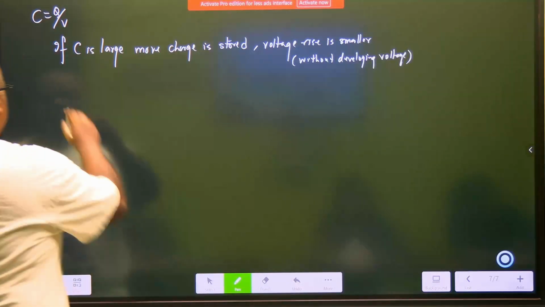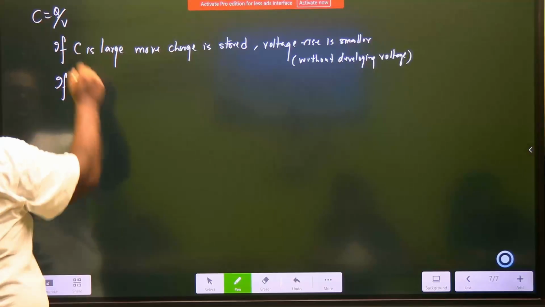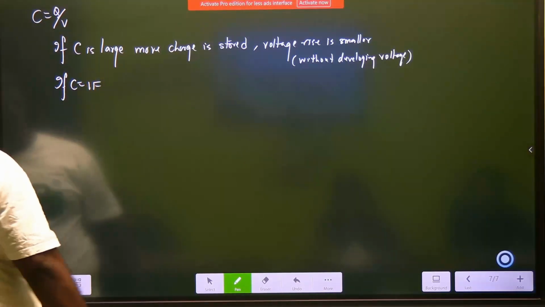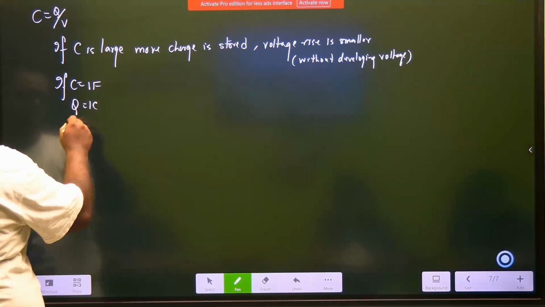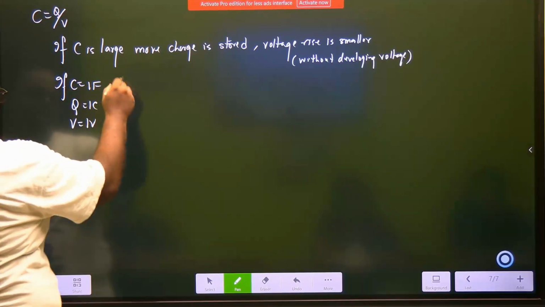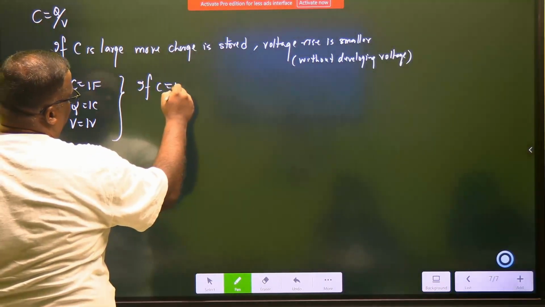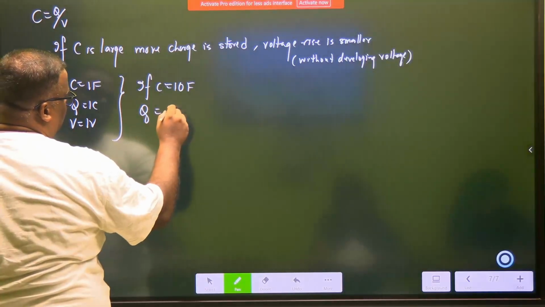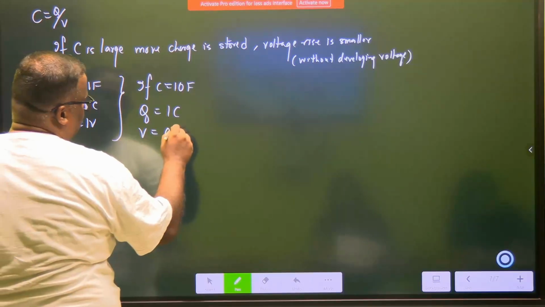So it's like this. If C is equal to 1 farad, I'll come to the unit, just absorb it, and Q is equal to 1 coulomb, then V is equal to 1 volt. In the same way, if C is equal to 10 farad, Q is equal to 1 coulomb, then V has to be equal to 0.1 volt.